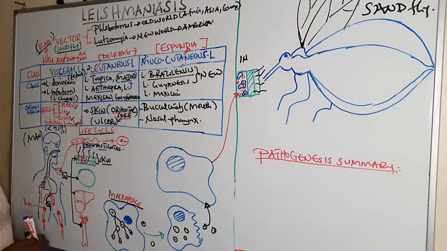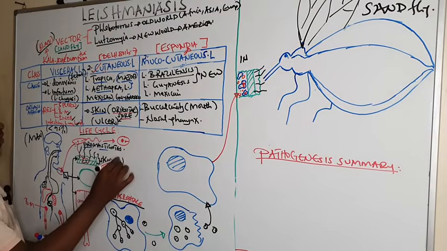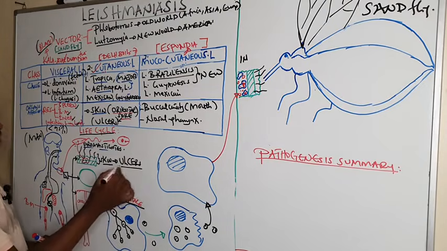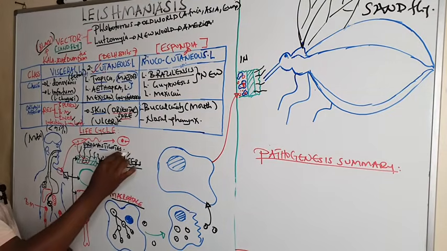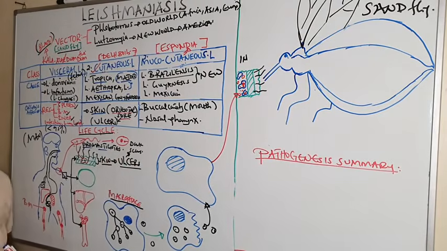That is the pathogenesis. This results in what we call skin ulcerations or ulcers. And these ulcers can, at the end, heal, leaving scars, sometimes dark scars. That is the pathogenesis.